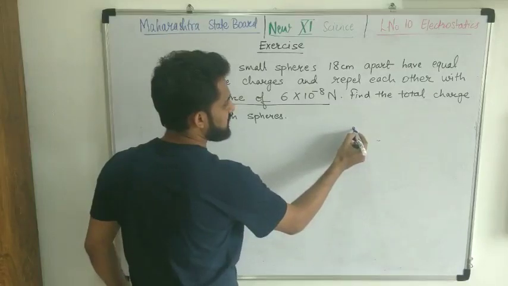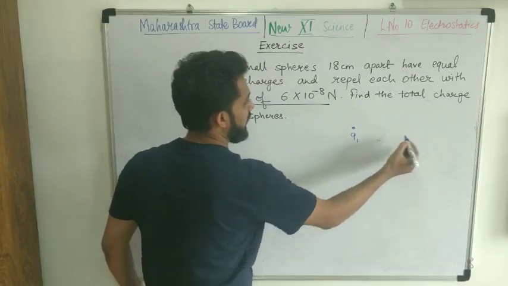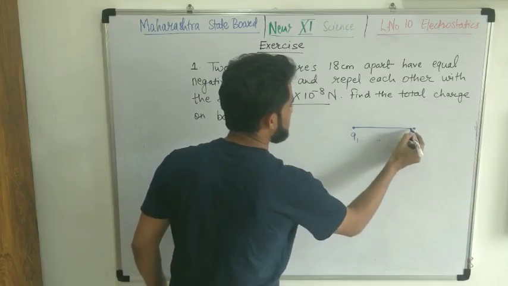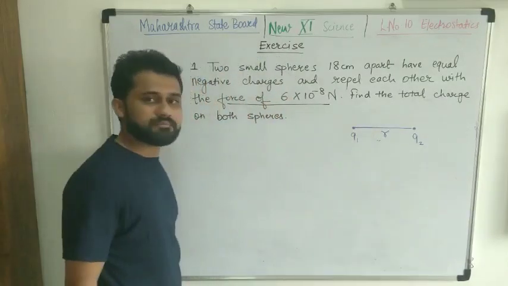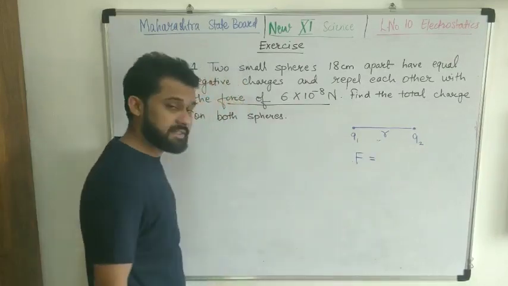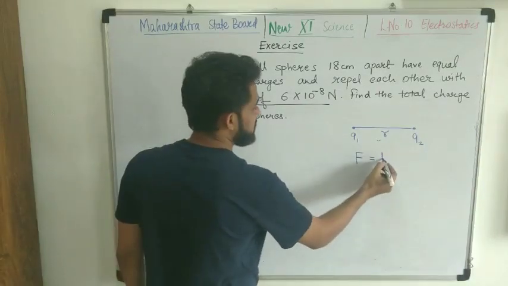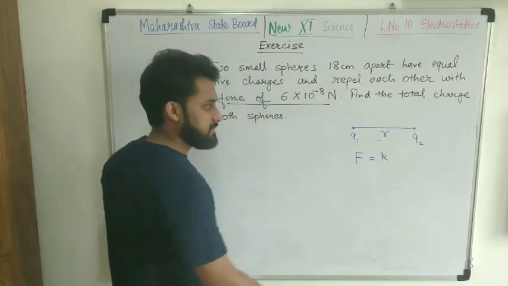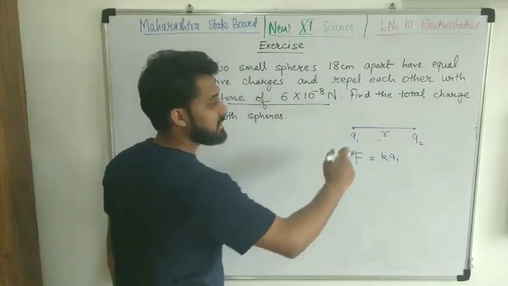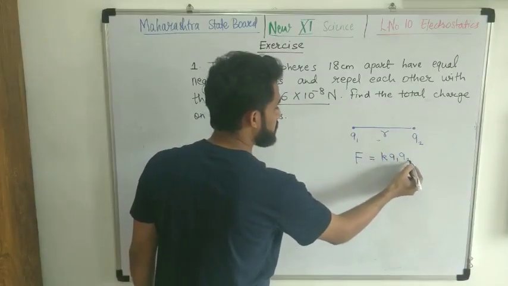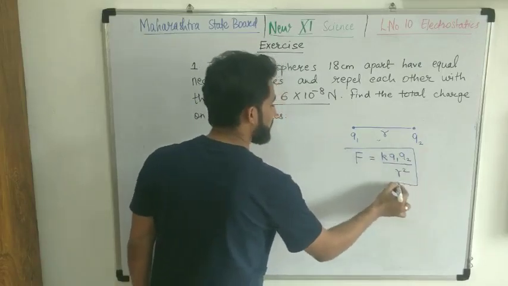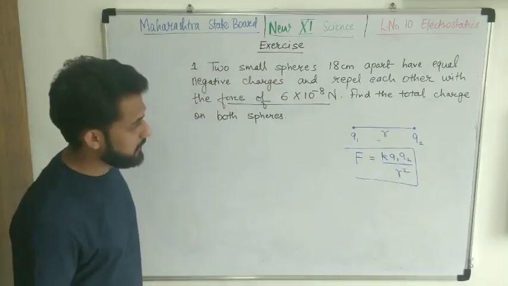If this is charge Q1 and this is charge Q2, separated by a certain distance r, then the force of attraction or repulsion between them is given by the constant K times the magnitude of charge Q1, we are not interested in the sign, into the magnitude of charge Q2 divided by the square of the distance. This is the formula which is called Coulomb's law.